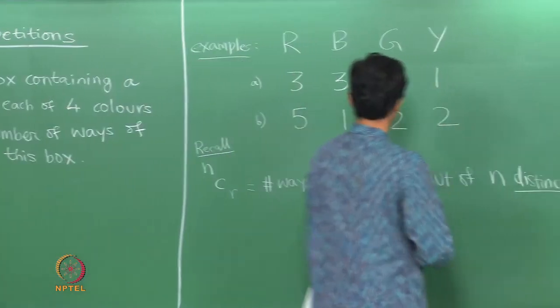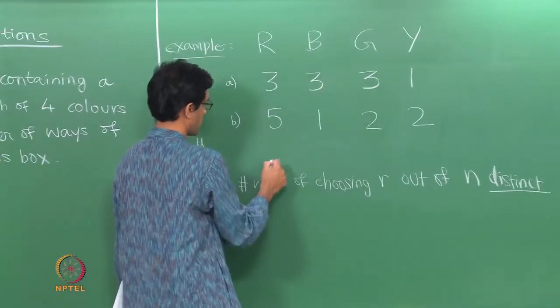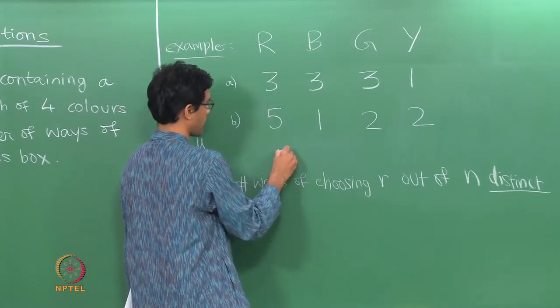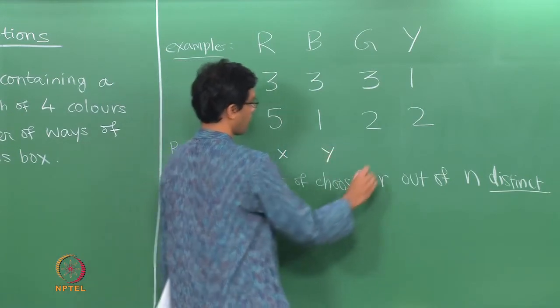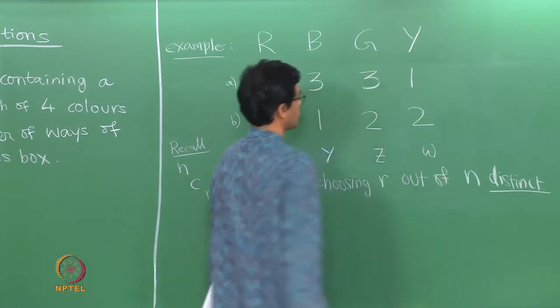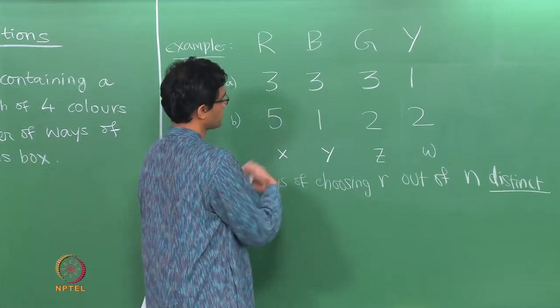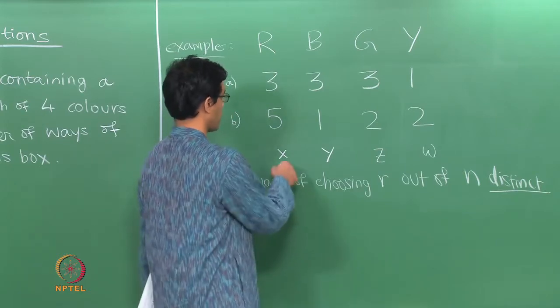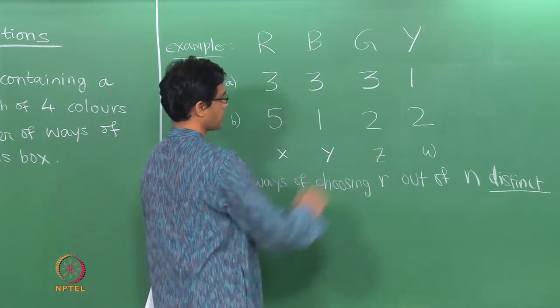So observe that this sort of encoding here, the number of red, blue, green and yellow balls. So let's say the most general encoding is, let's say there are x red balls, y blue balls, z green balls and let's say w yellow balls. Then what this is saying is, what are all the number of choices for non-negative integers x, y, z and w, such that their sum is 10.